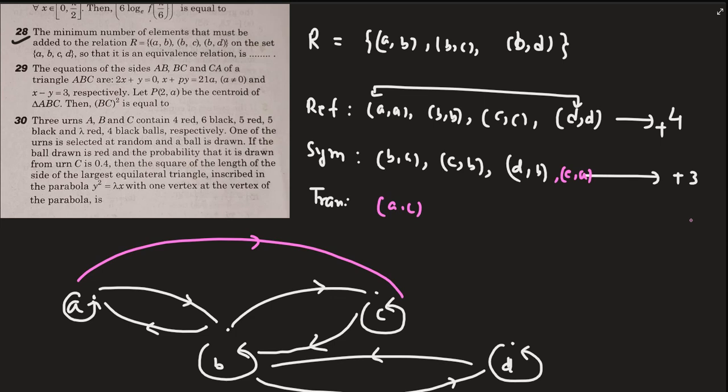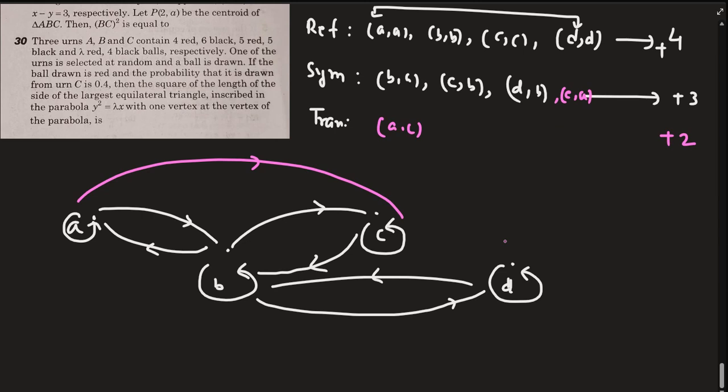So now two more elements we have to add, A to C and C to A. Is it clear? So we can also say C to B, B to A and CA are present. Yes, so it is transitive. Up to this point we have 9 elements to add.